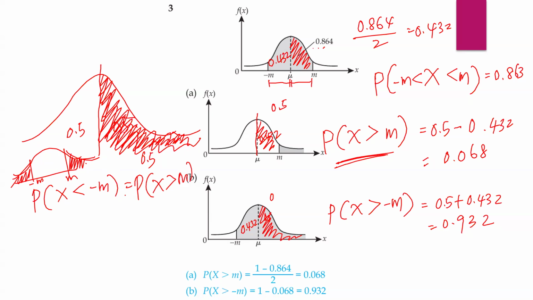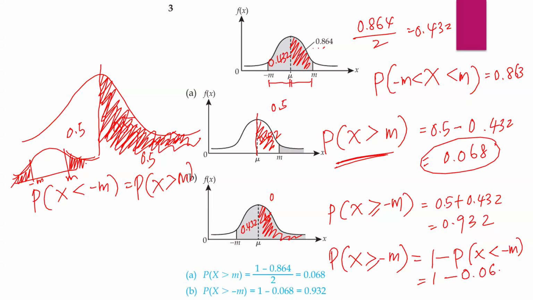So if we need to find out this, I use 1 minus X less than negative m, which is the opposite side of this one. So 1 minus 0.068, similar answer. So there are 2 methods.